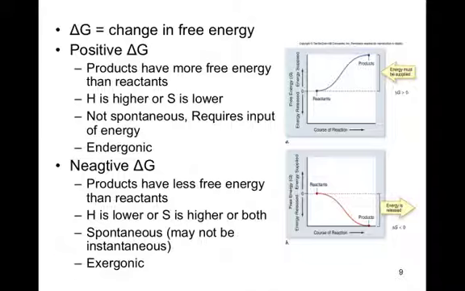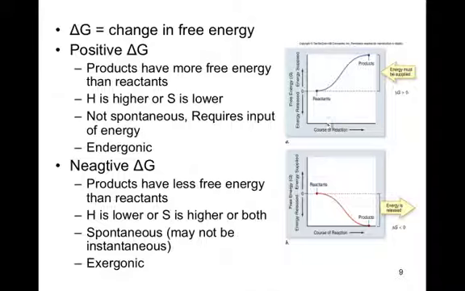A positive delta G means that we had to put energy in, and we made the products have a higher energy level than the reactants. In a negative delta G, we have lost energy in the molecule, and thus the free energy change is negative, and these are exergonic reactions.